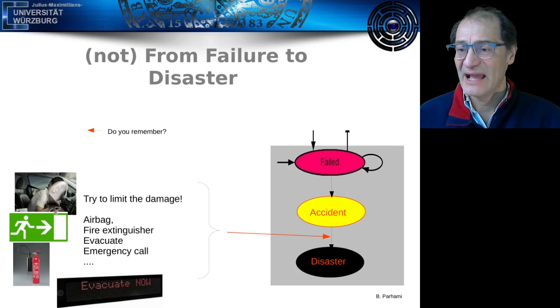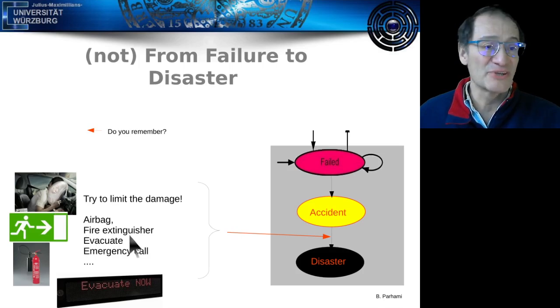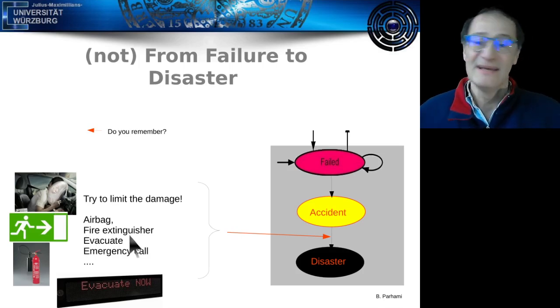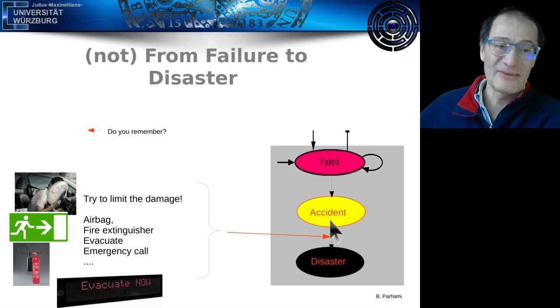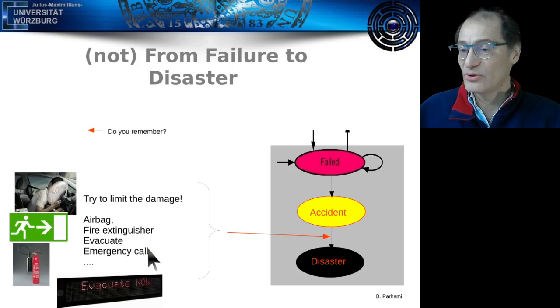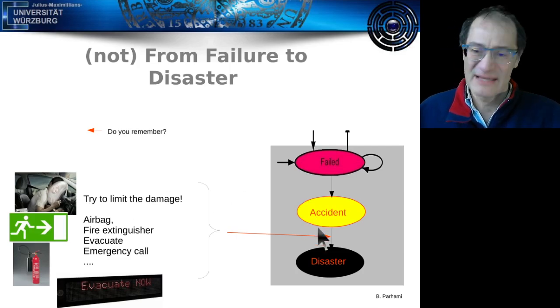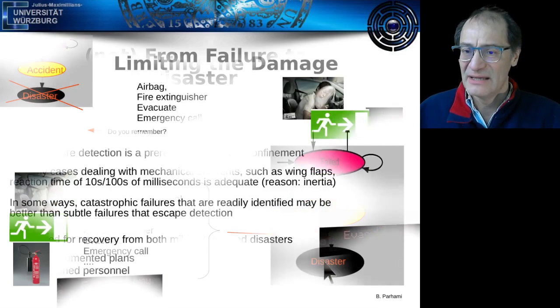For example, airbags, or get a fire extinguisher ready when everything is burning. All measurements to avoid this didn't work, but the operator can take the fire extinguisher and do something, or evacuate. Alarm, go out. Or an emergency call, an automatic emergency call. This is something we can do after the accident to avoid the disaster.